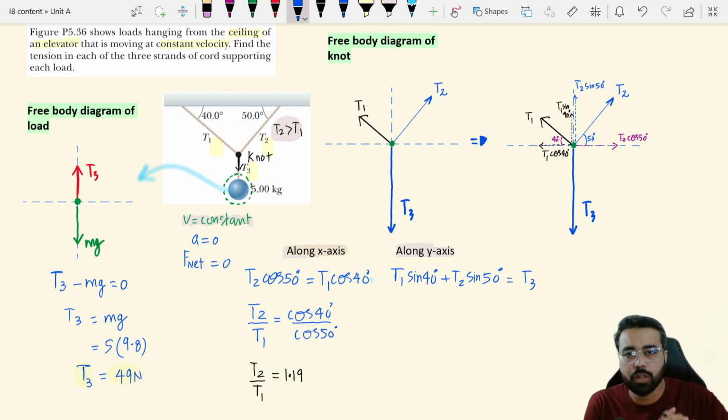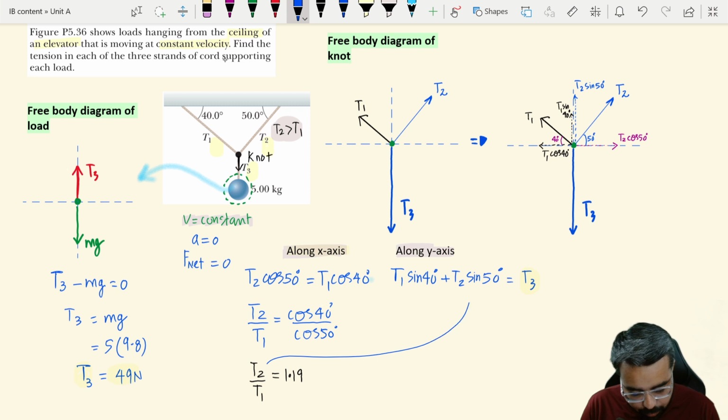In this question we want to find all the values of the tensions. We already know the value of T3, that is 49, whereas in this algebraic equation, don't you think we can plug in the value of T2, which is 1.19 T1?